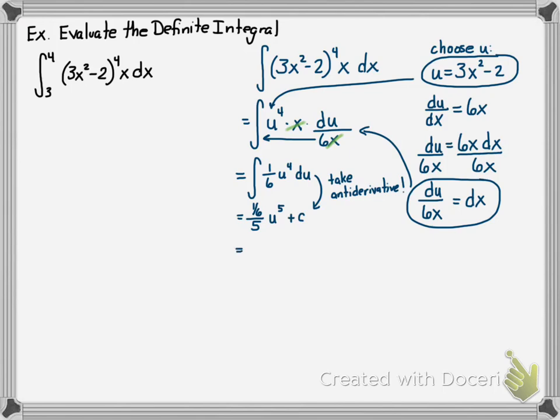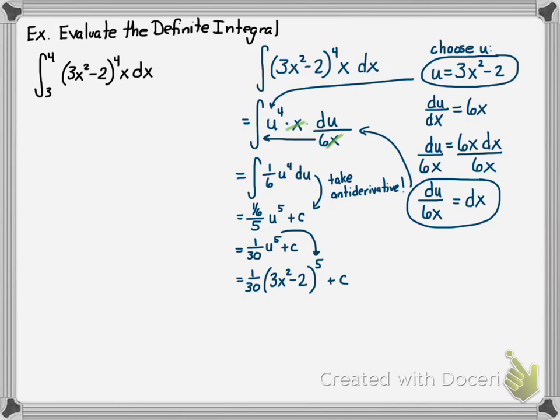Cleaning up that fraction in the front, 1/6 divided by 5 is 1 over 30, and you can check that in your graphing calculator, and you can even use the fraction button in there, and that will give you 1 over 30. So we have 1 over 30 u to the fifth plus c, and my last step in the u substitution is to replace the u, and our u value was 3x squared minus 2, so I have 1 over 30 times (3x squared minus 2) raised to the fifth, I don't want to forget that power there, plus c.